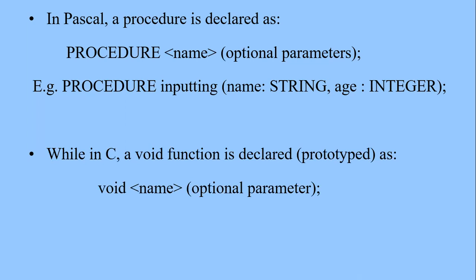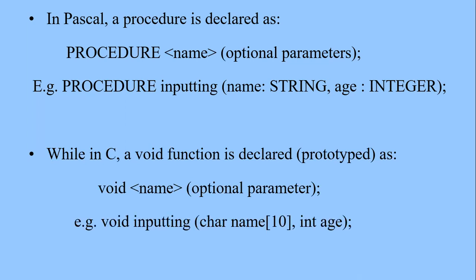While in C, a void function is declared or prototyped as follows: void followed by the name of the function, and then the parenthesis followed by optional parameters. You have the closing parenthesis or the right parenthesis and a semicolon. For example, void inputting.